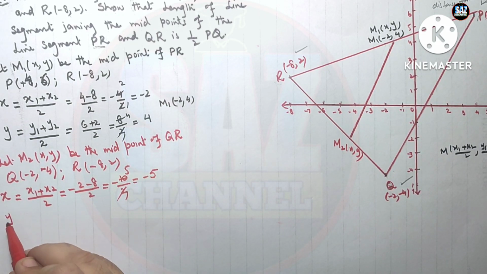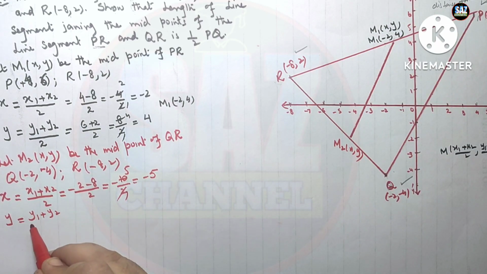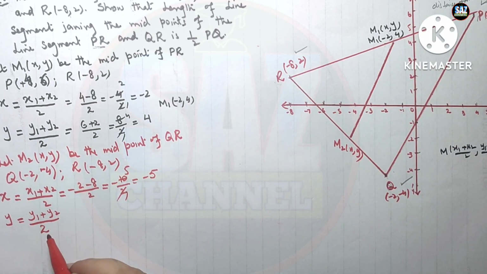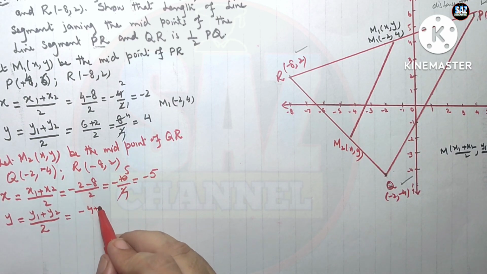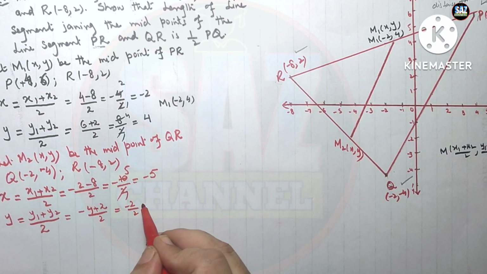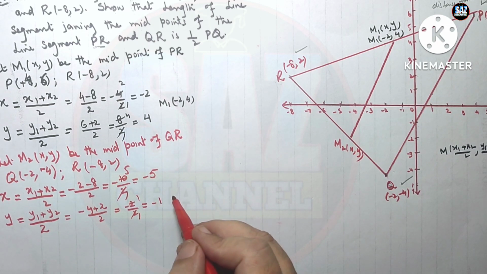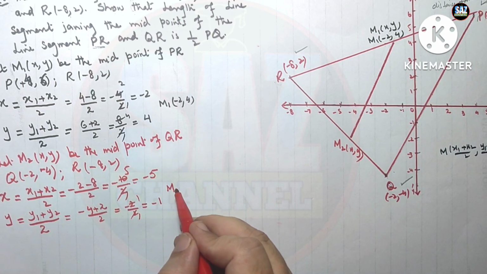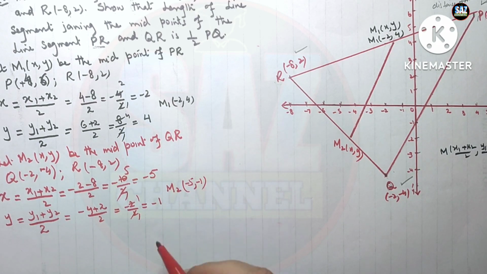And the y value will be the average of both y coordinates of Q and R. This is (-4 plus 2) over 2, which will give me -2 by 2, which is equal to -1. So M2 has taken the form -5 and -1.